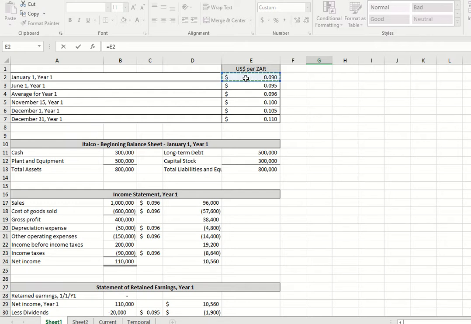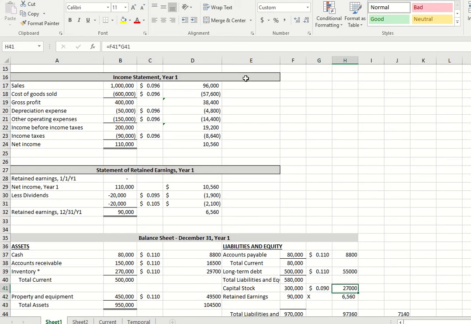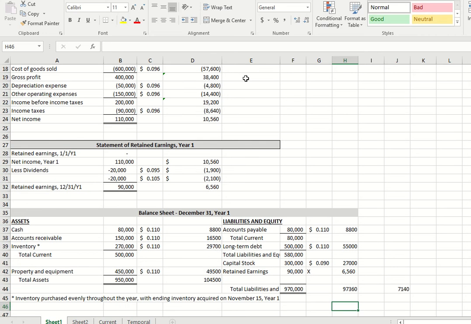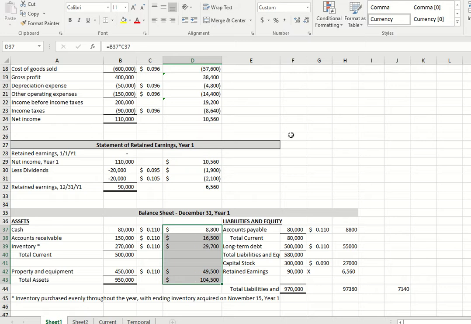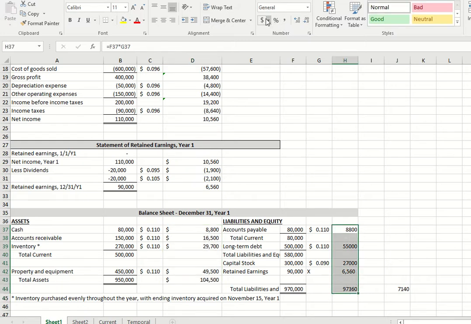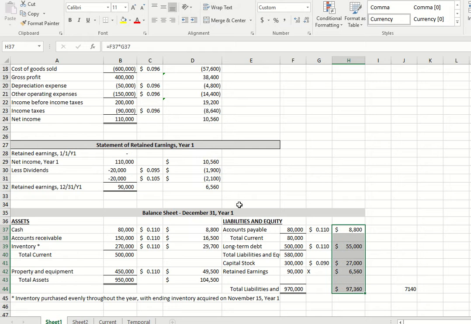The historical rate is right when they acquired or invested in this company. We can review these, maybe format them a little nicer. This is US dollars now. And then I can see I'm out of balance, which is reasonable, because you'll always be out of balance when you have a foreign subsidiary.